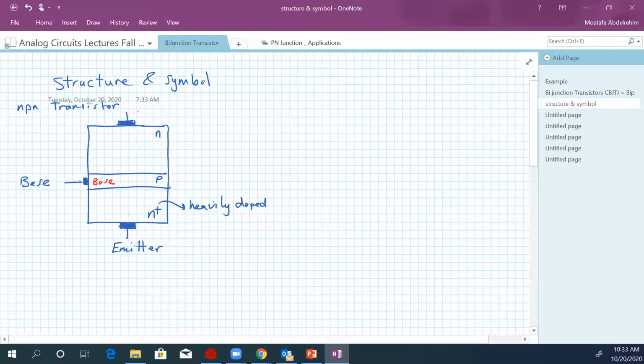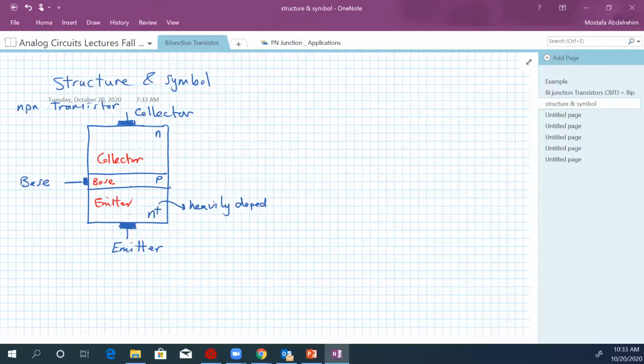And this terminal is called the collector. We will see later that this region collects the current that came from the emitter. So this is the collector region, and this is the emitter region, and we have the base region.